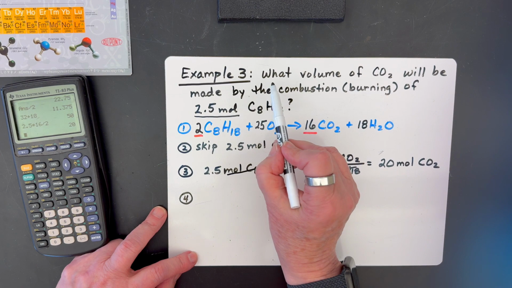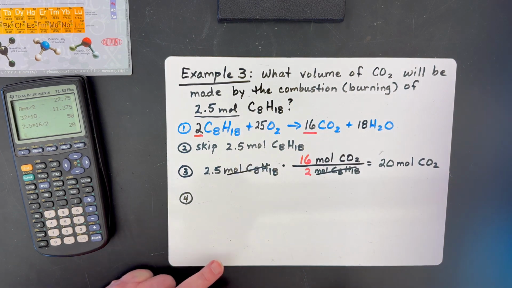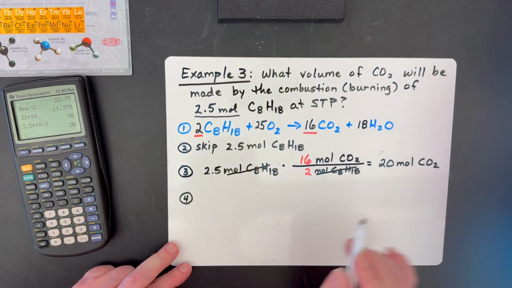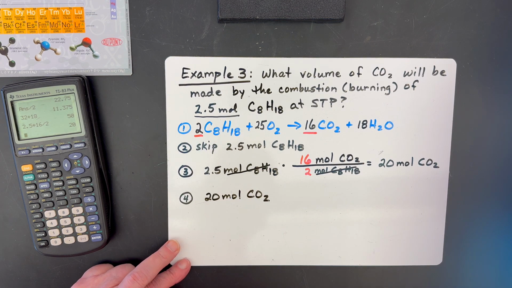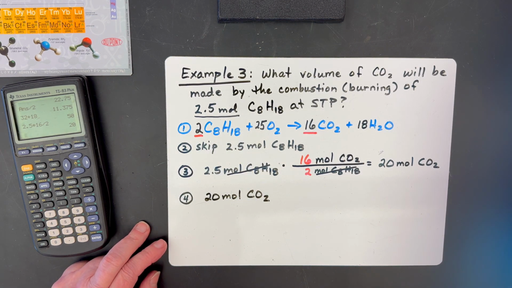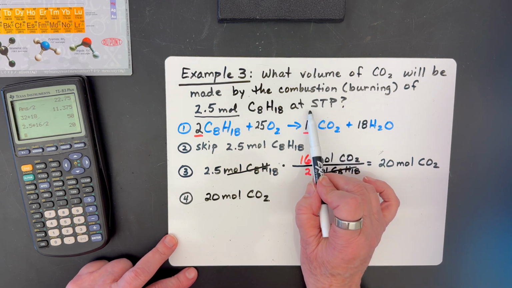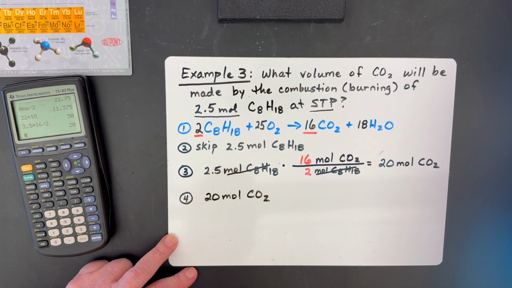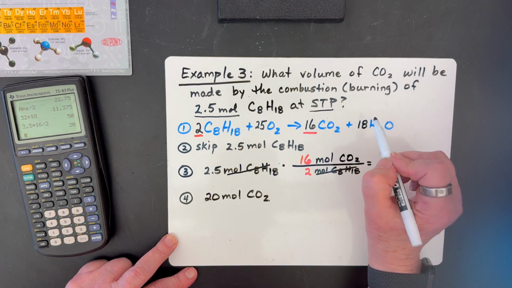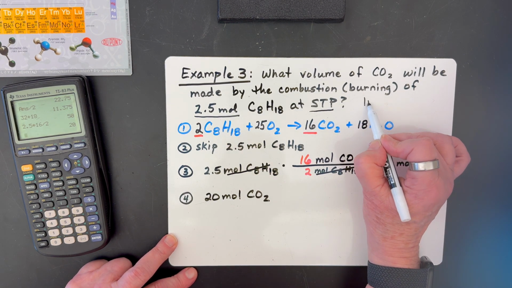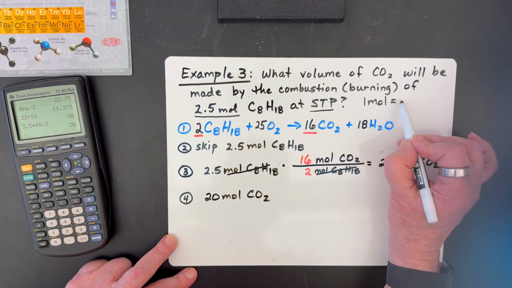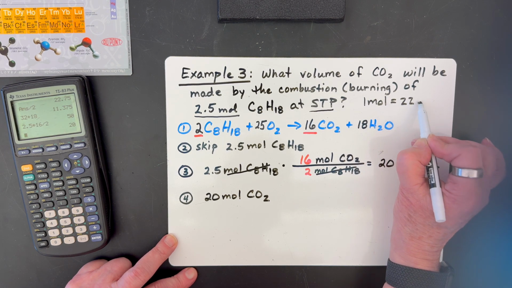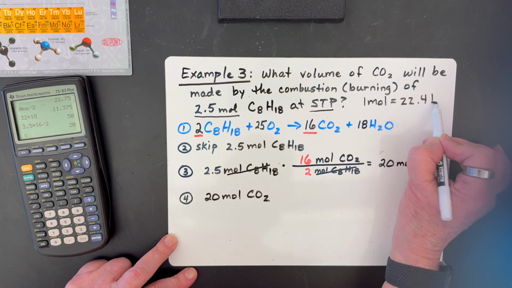In our last step, we have to get our moles of CO2 to whatever unit we're asked for. In this case, we were asked for volume. So we're going to start with our 20 moles of CO2. We're going to have to multiply this by a conversion factor to get it into volume. At STP, that stands for standard temperature and pressure, 1 mole of any gas, doesn't matter what it is, occupies 22.4 liters.